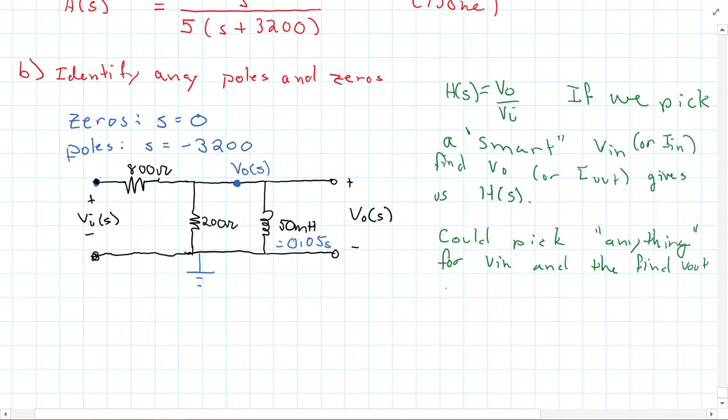Then we'd simply divide them to get H at S.